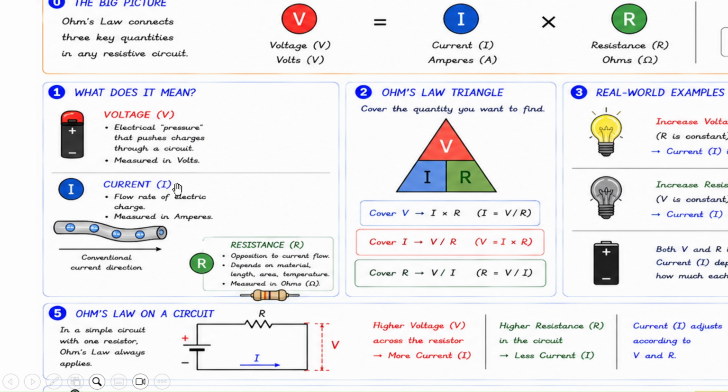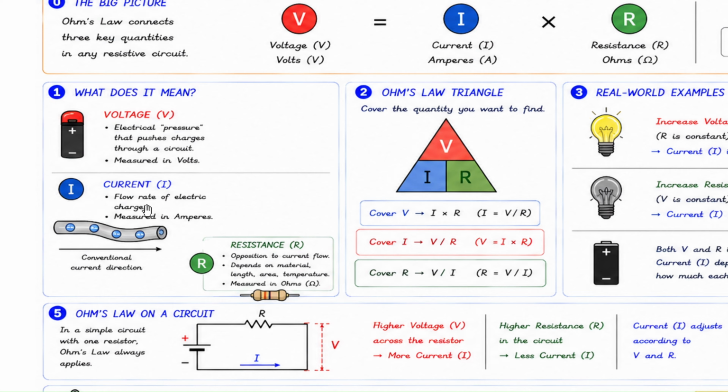The next variable is the current, I. The current is basically the speed or the flow rate of the electric charges that flow across the wire. You can think of it like the flow rate of water going through a pipe. So in electricity, the higher the current, the higher the flow rate.